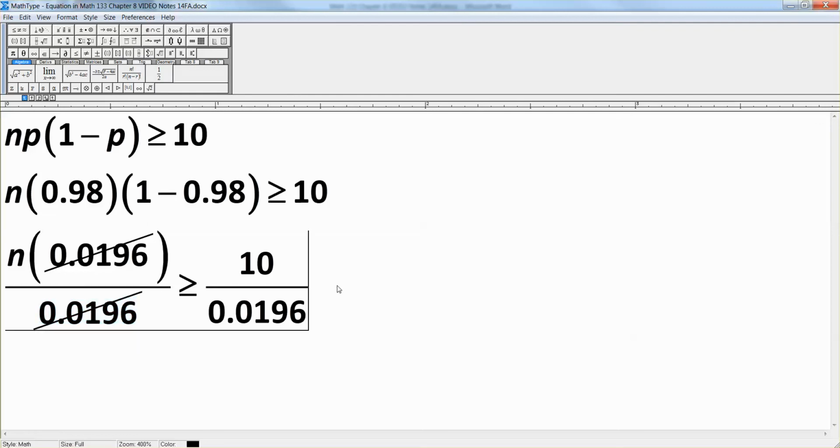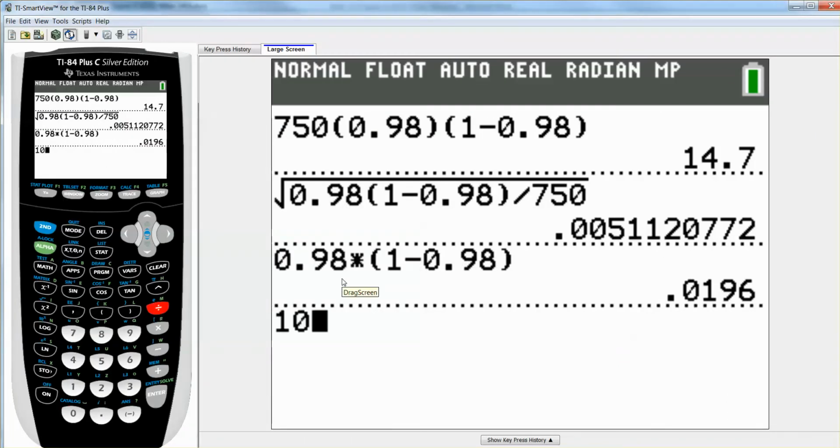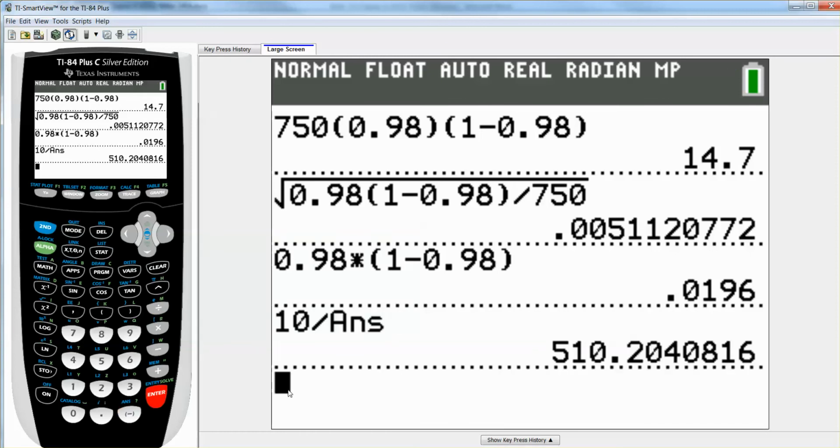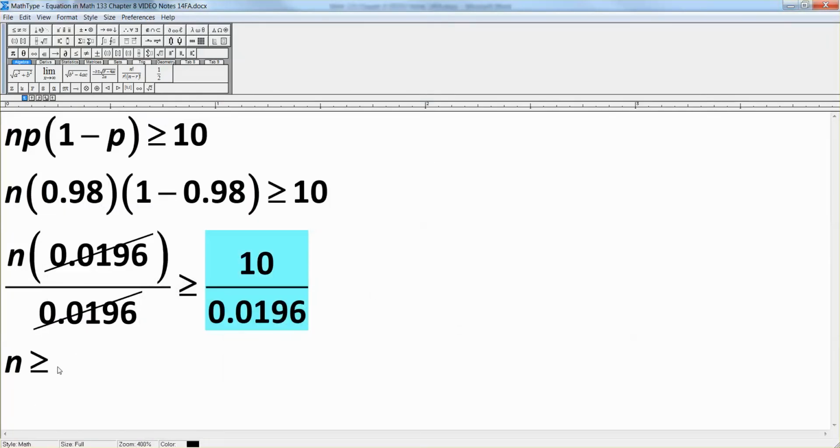Right? So we get n is greater than or equal to, and then I have to find this number, 10 over that second answer, 510.2. So 510.2.